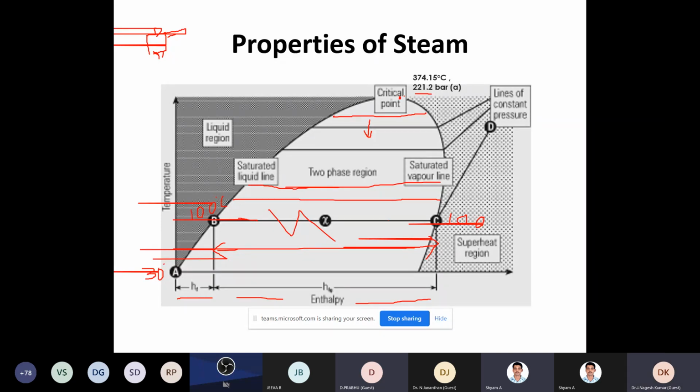So as you can see here at this point, the latent heat is zero. This occurs at 221.2 bar and the corresponding saturation temperature is 374.15 degrees centigrade. So for each pressure of a boiler, there is a corresponding saturation temperature. For atmospheric pressure, it is 100 degrees centigrade. And for 221.2 bar, it is 374.15 degrees centigrade.